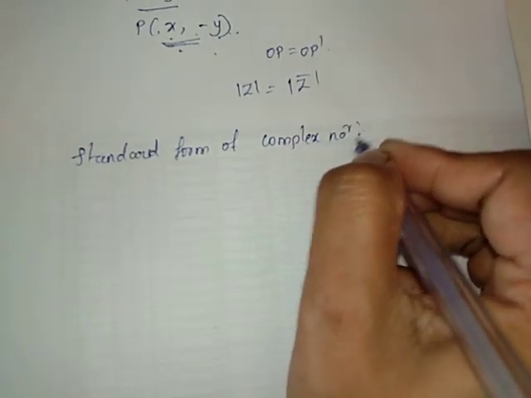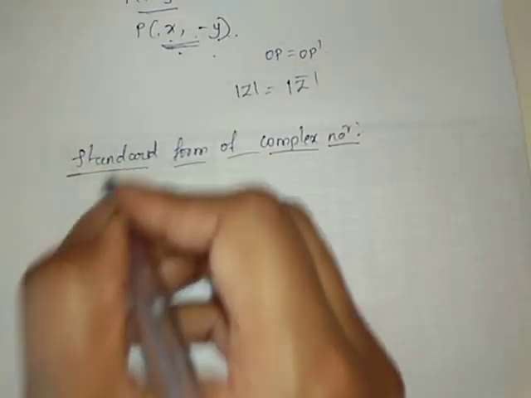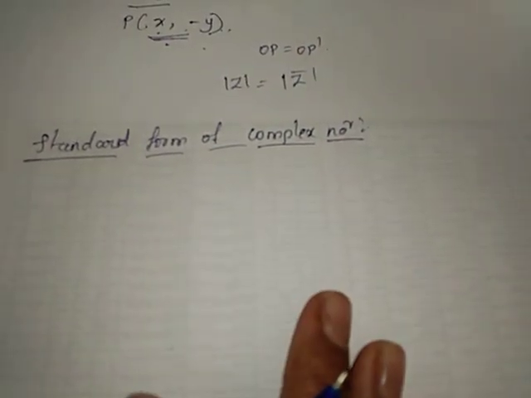Standard form of a complex number. This is also called the polar form of the complex number. Both are nothing but the same. Polar form or standard form of a complex number.